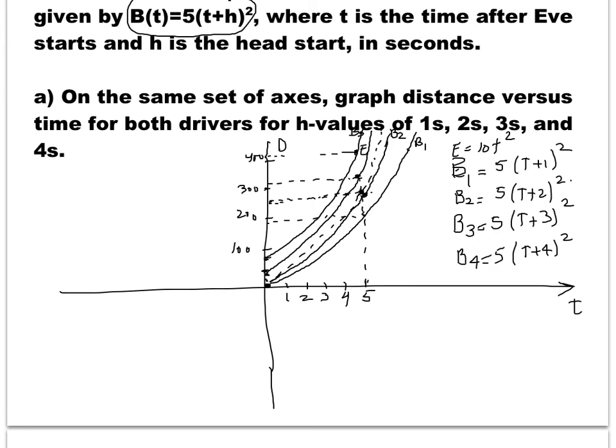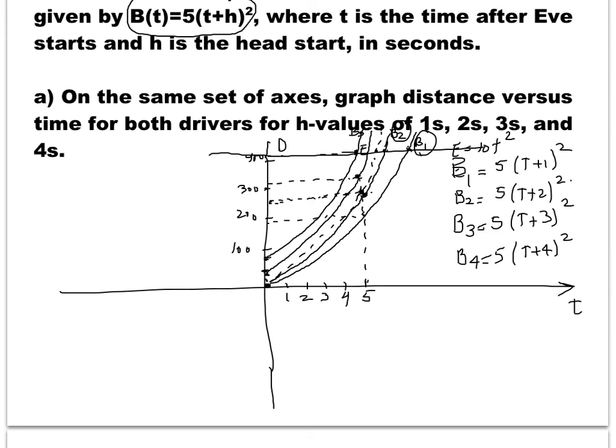The next part of the problem is if the end line is 400 meters away, how much head start can Eve give to Byron and still win the game? If you look at the graphs here, 400 meters is right here. In cases B1 and B2, you can see that Byron finishes 400 meters more than the time that it takes Eve to finish the game.